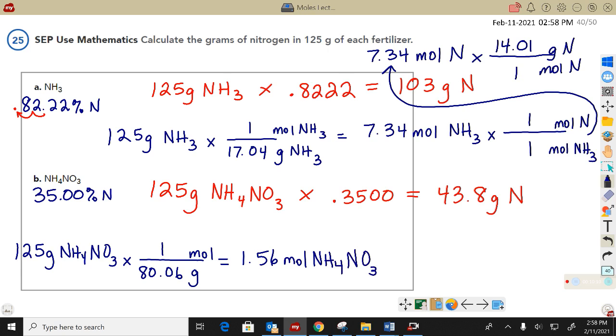Well, then I could take it one step farther and say, now I want to break it down by element. So I don't want to know moles of the compound NH4NO3. I want to know about moles of just nitrogen. This time, every 1 mole of that giant compound has 2 moles of nitrogen.